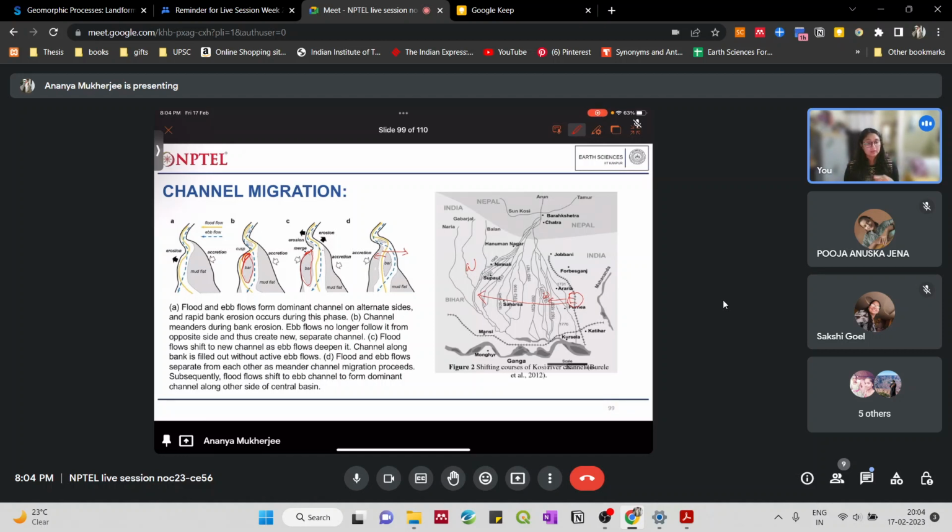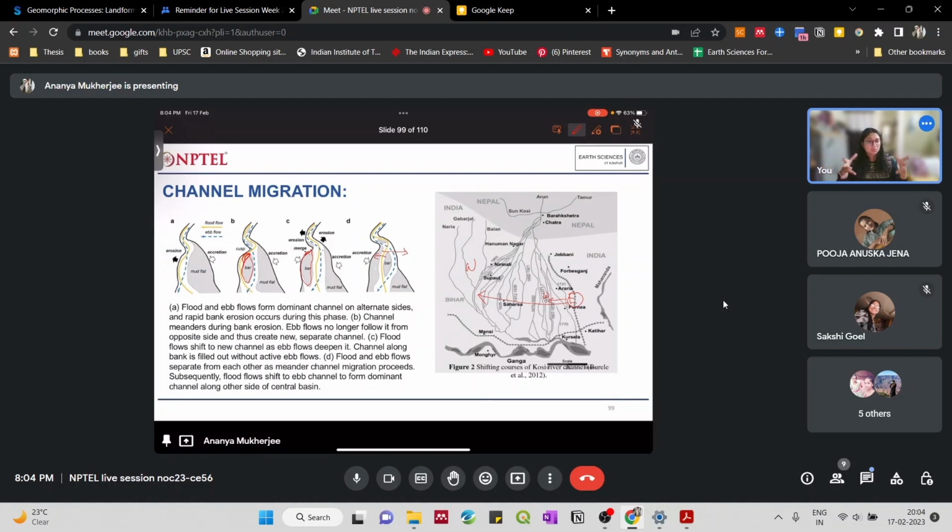And then we learned how after these are formed, channel can migrate due to the interaction between the erosional processes and the depositional processes. Okay, channel migration does happen within that river valley itself.